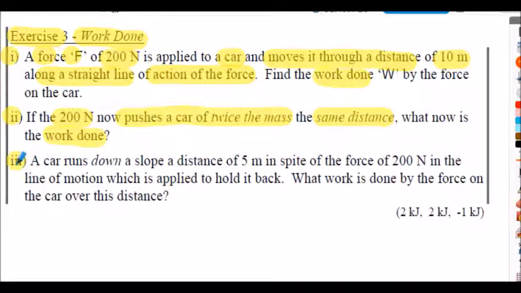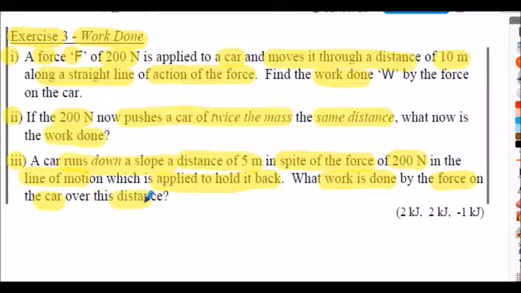And finally, if a car runs down a slope for a distance of 5 meters, in spite of a force of 200 newtons in the line of motion, which is applied to hold it back, what work is done by the force on the car over this distance?